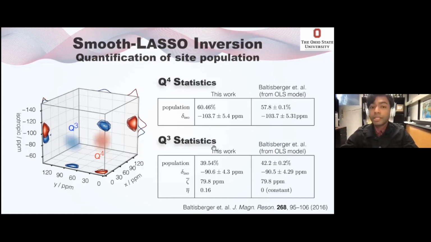And similarly, for the Q3, we can calculate the statistics for population, isotropic chemical shift, mean anisotropy, and mean asymmetry, all of which is consistent with the previous work. So we have a technique that can give you not only the distribution, but we can also perform statistical analysis on these distributions.